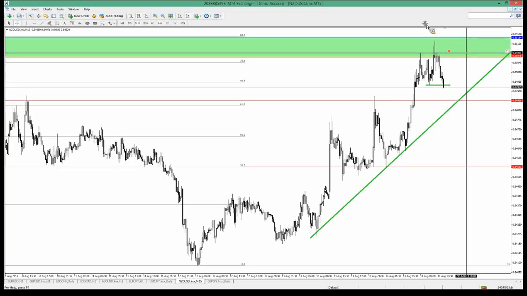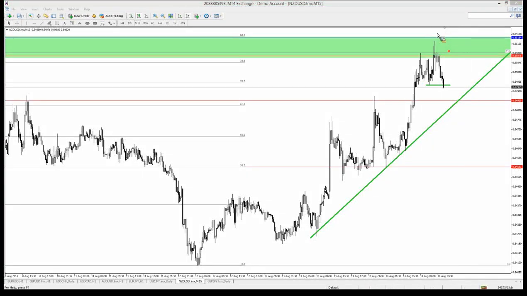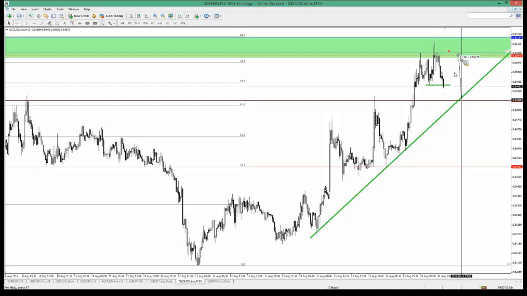Okay, small stop above, about 10 points is more than sufficient. Then you could maybe look at targeting down here possibly. It's giving you 2R if it pulls back and pays.